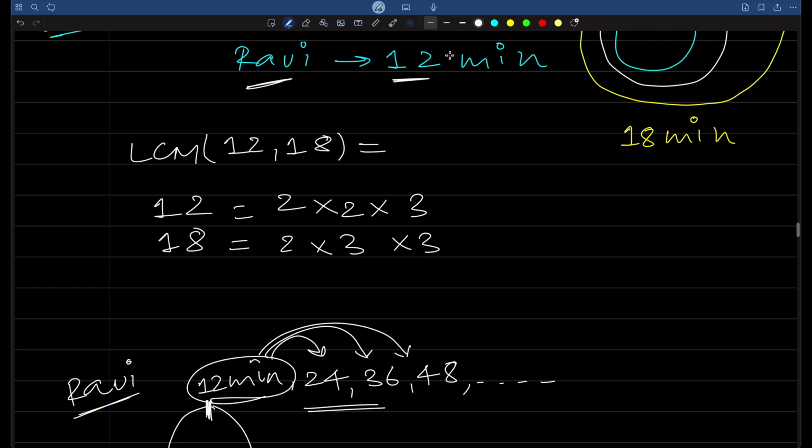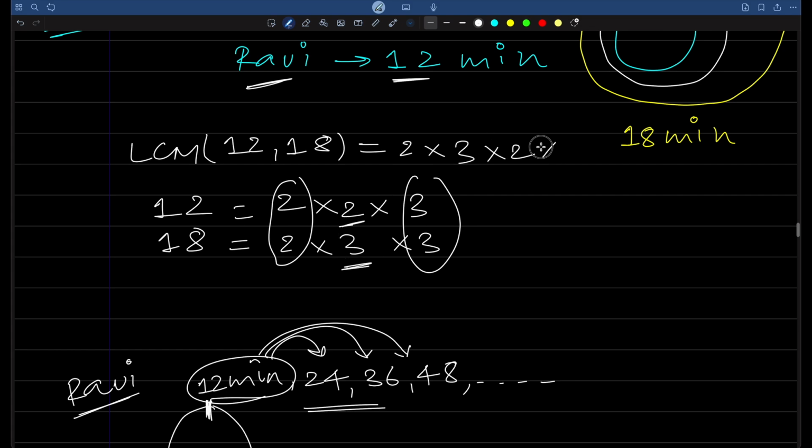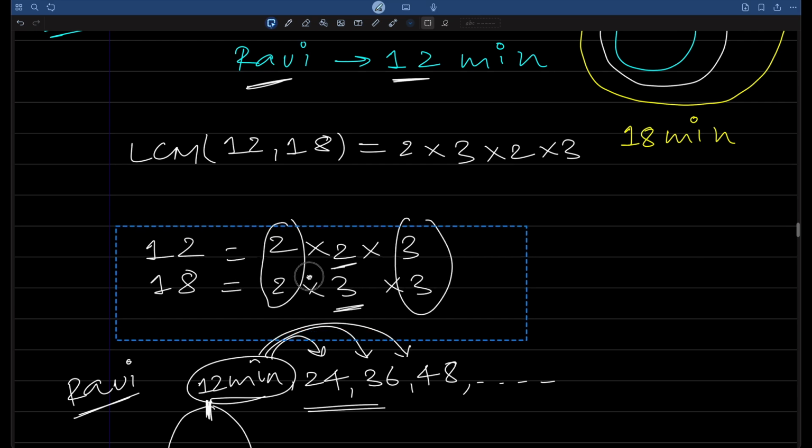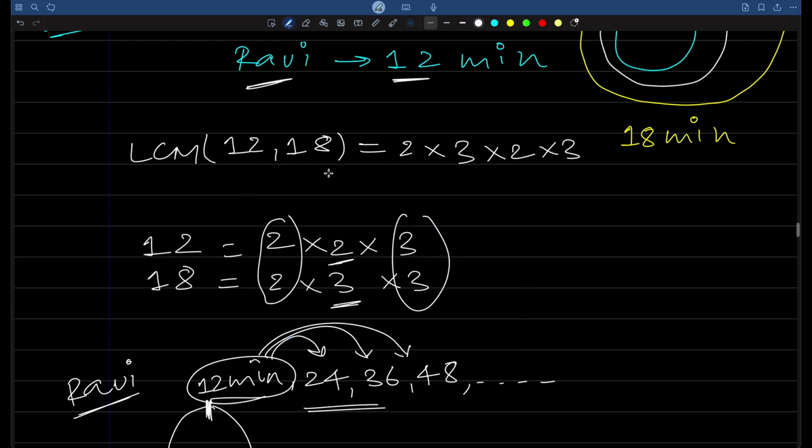So LCM equals 2 into 2 into 3 into 3, that is equal to 36.